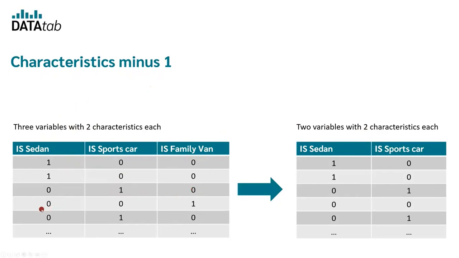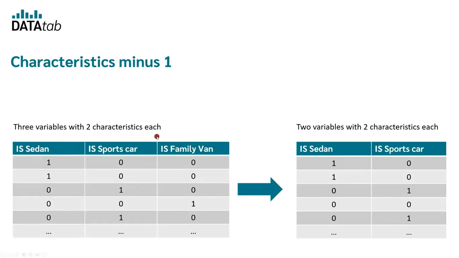And if it's not a sedan and not a sports car, we can be sure that it is a family van. Accordingly, one of the three variables is not needed because this information is redundant. Therefore, n-1 dummy variables are created. So in this case, we only need the dummy variable, is it a sedan or is it a sports car? Of course, you can also drop sedan and use the other two.